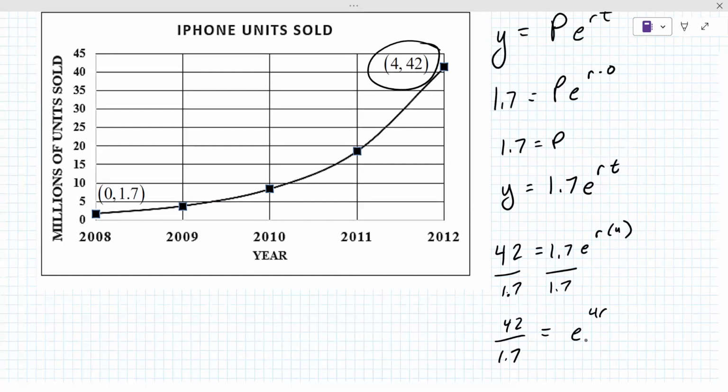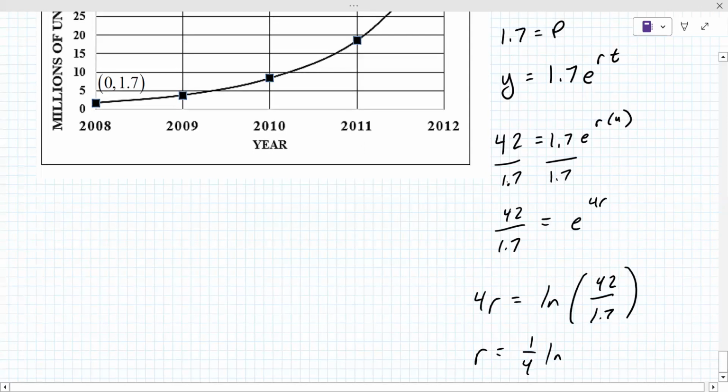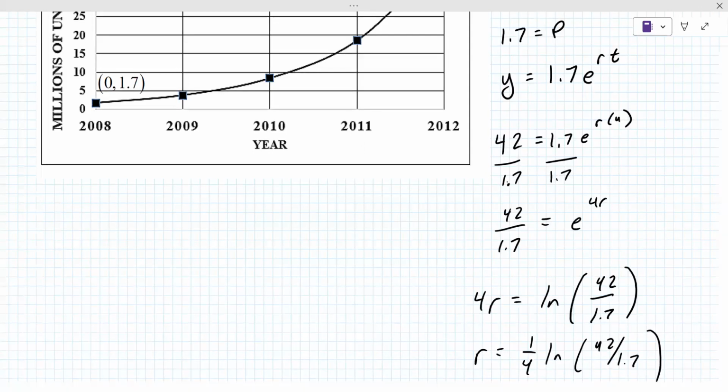Natural log of both sides. So 4R equals natural log 42 over 1.7, and then you divide by 4. So 1/4 natural log 42 over 1.7. And that, I believe, is what they're looking for in your problem.